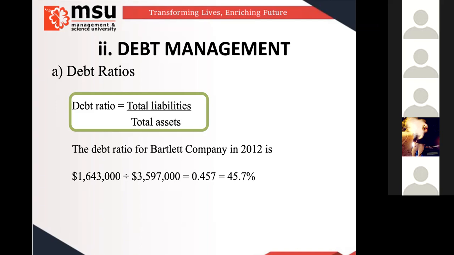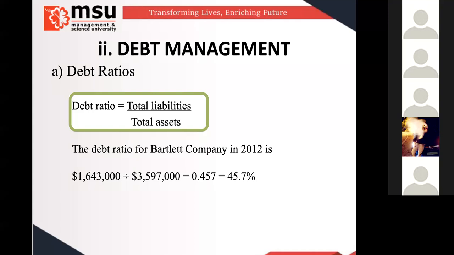Because I read that there are types of company, especially technology companies, that prefer to be financed by debt at 70-30. So 70% belongs to debt and another 30% belongs to equity.